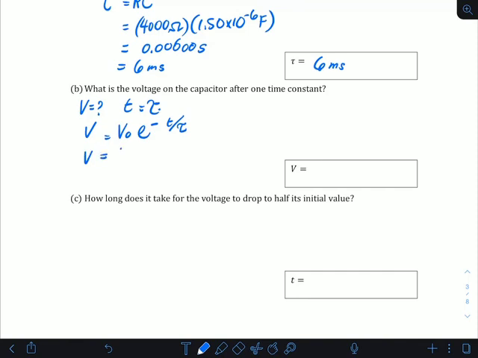V is equal to V naught e to the minus tau over tau. Well, that's just equal to V naught e to the minus 1.